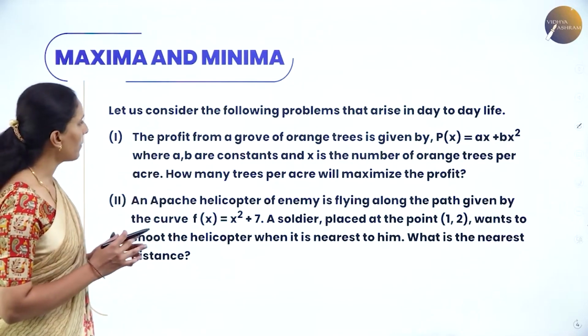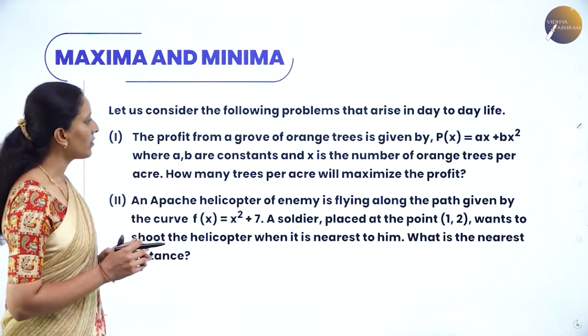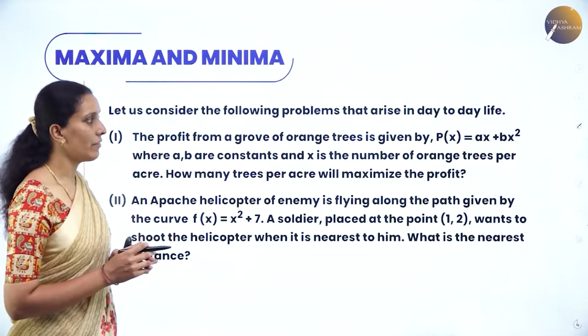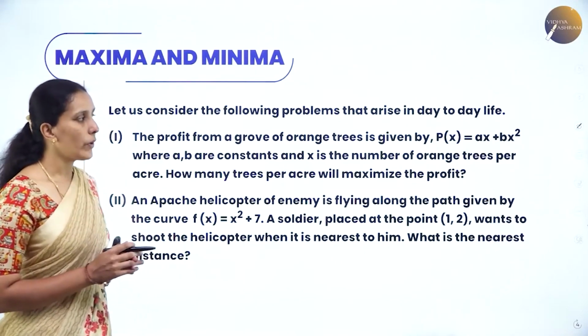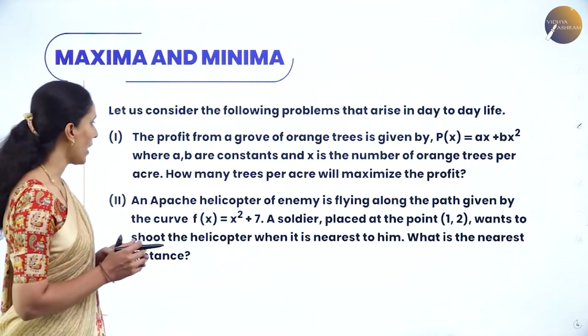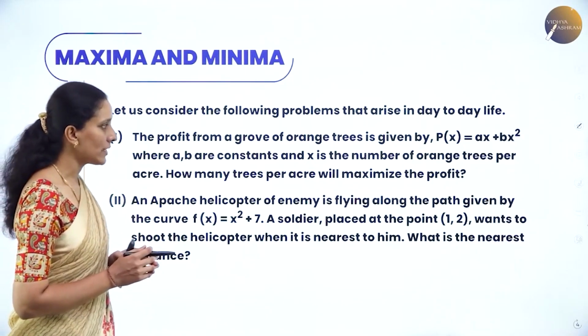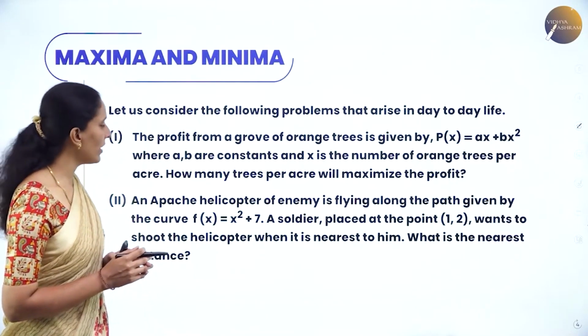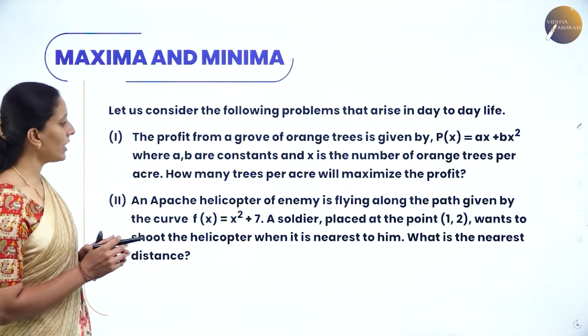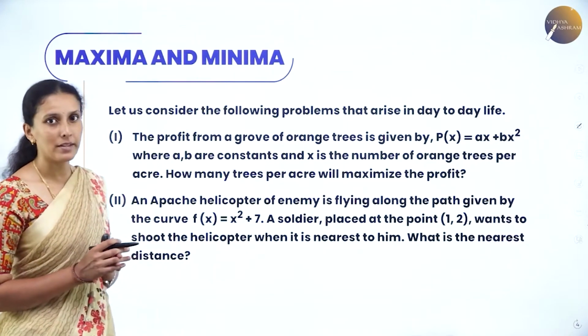The very first example here is this. The profit from a grove of orange trees is given by P of x is equal to ax plus bx square, where a and b are constants and x is the number of orange trees per acre. How many trees per acre will maximize the profit?